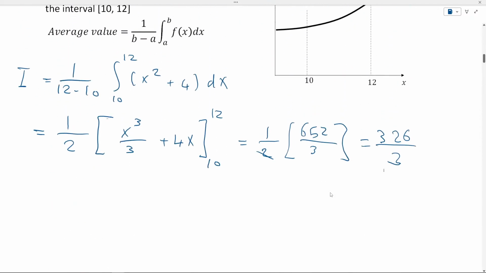Ooh, I got a different answer. Let me check this. Maybe I made a mistake here. This is 1 over 2. So 600 divided by 2, that's 300. 300 plus 26, that's 326 over 3.